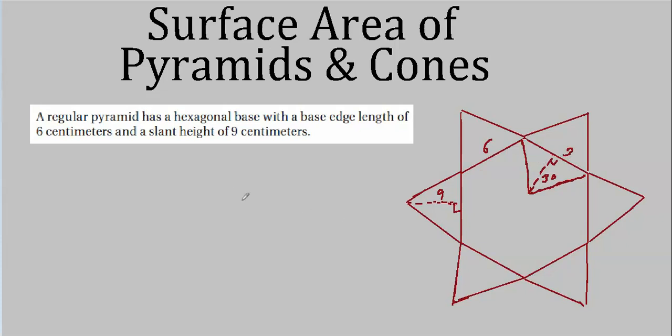So we have that the tangent of 30 degrees, put it over here, would equal opposite over adjacent, or 3 over the altitude of that triangle. Well, tangent of 30, that's 1 over the square root of 3.